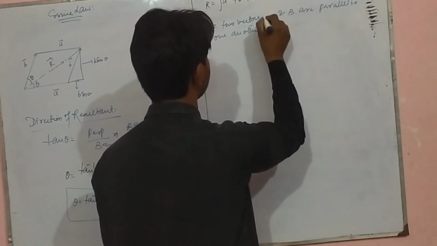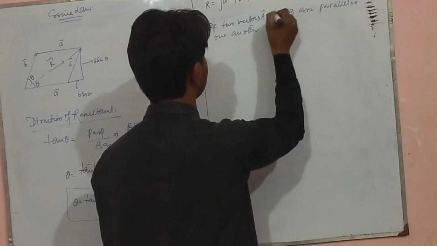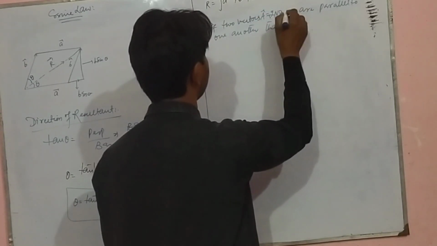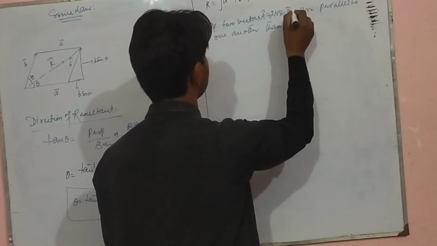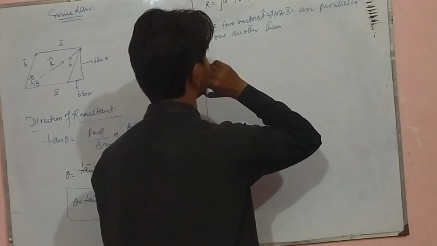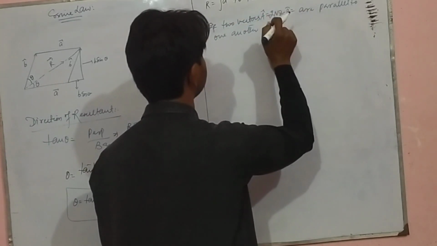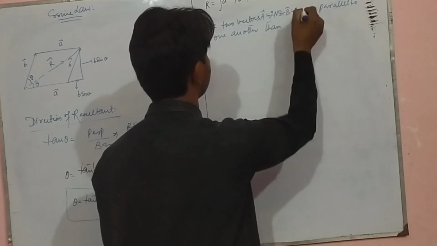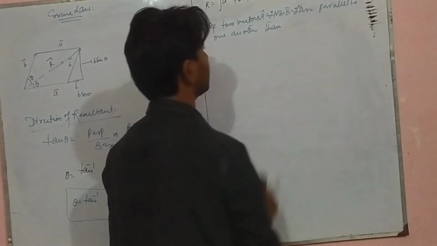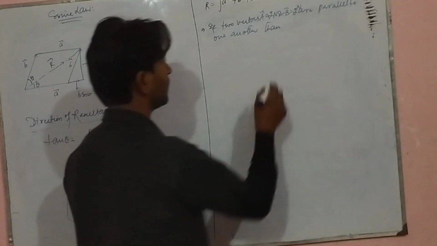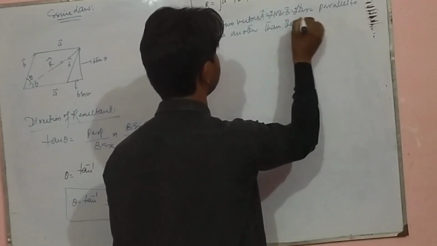If A is equal to 2 Newton and B is also equal to 2 Newton, parallel to one another, what will be their resultant?